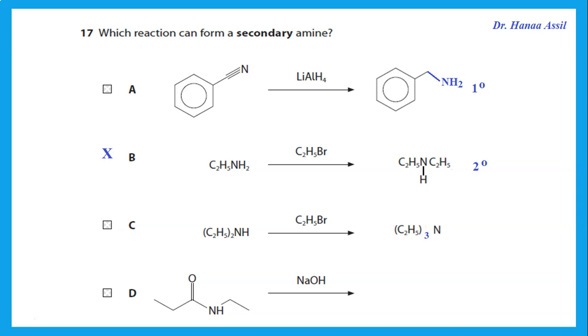Reacting it with another halogenoalkane would replace that hydrogen left with it. So that is a tertiary amine. And that last choice is hydrolysis of the amide with sodium hydroxide. So this gives me the sodium salt plus this amine, which is actually a primary. So the one that's a secondary is the one in B.